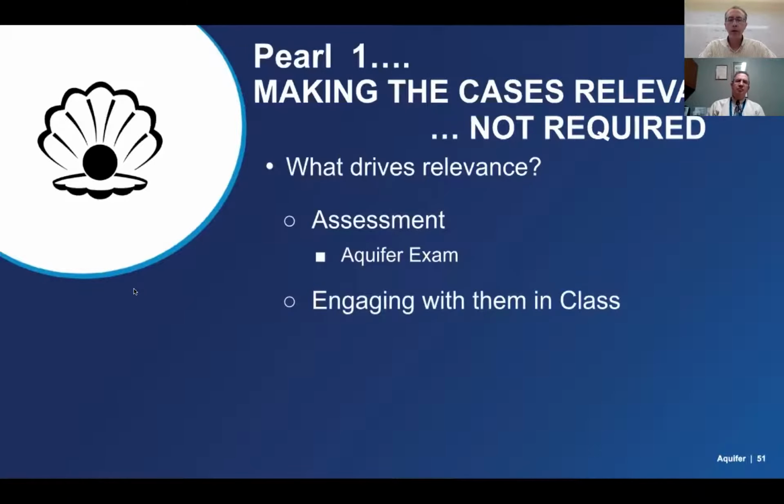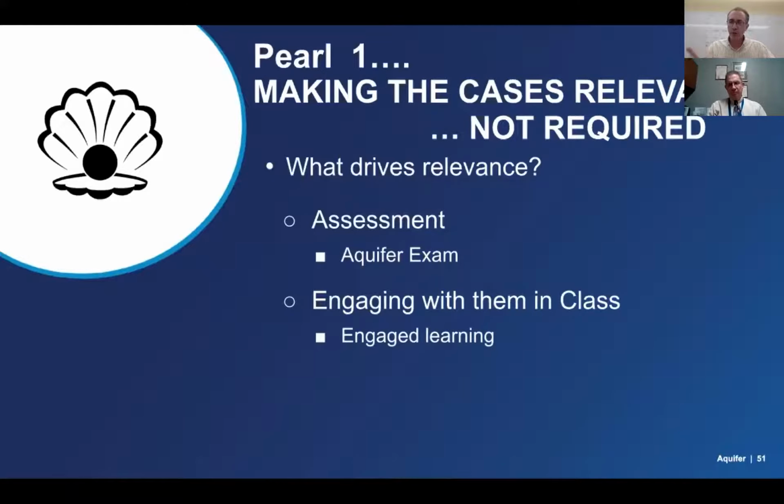The other two ways I drive their relevance begin with engaging them in class. This isn't so much about assessment, but for every didactic thing that we do in our family medicine clerkship, we assign a reading, and for each of those readings, it's always an Aquifer case. We try to make our didactics engaging and use a variety of engaged learning modalities, such as team-based learning, small group discussions, or workshops.